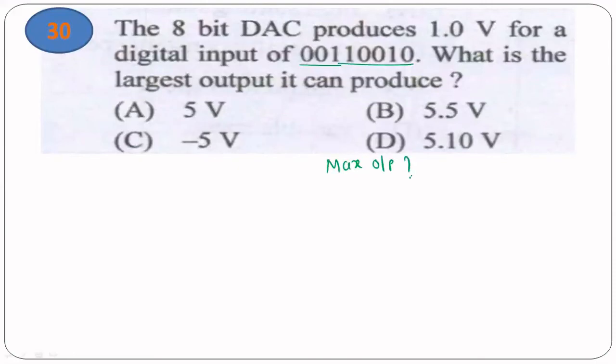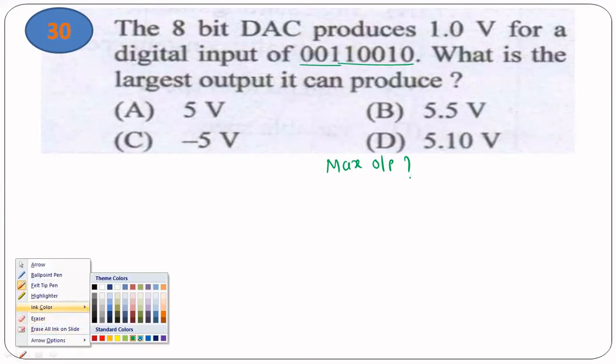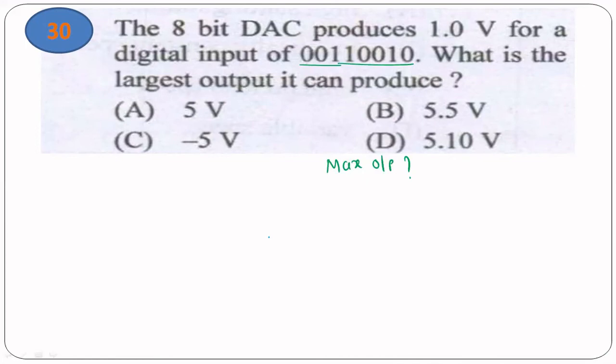Okay, let us try to get the solution. Here first of all we need to convert the given binary number into its decimal equivalent. 0, 0, 1, 1, 0, 0, 1, 0. So it will be 2 to the power 0, 1, 2, 3, 4, 5, 6, 7.